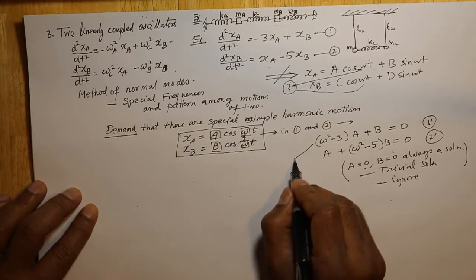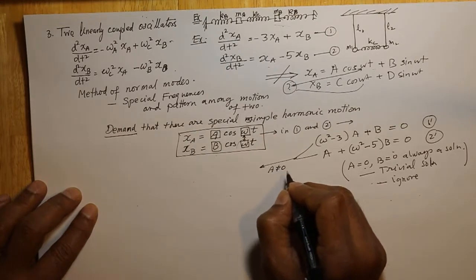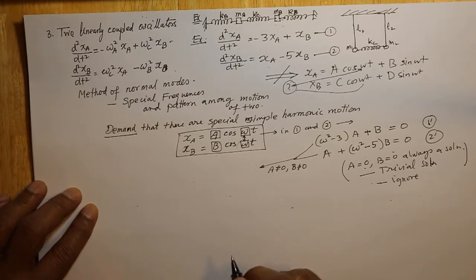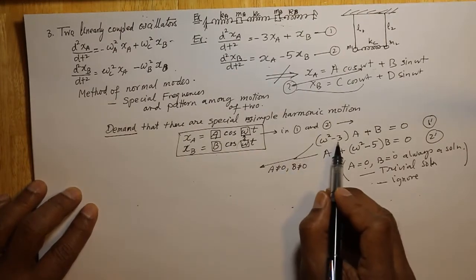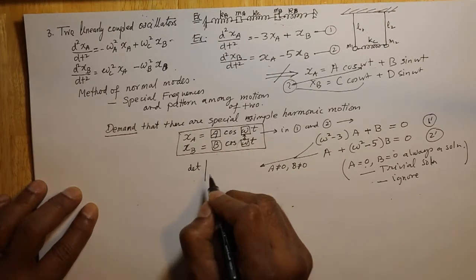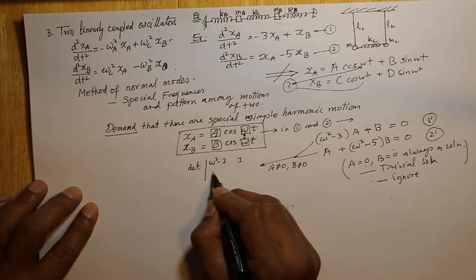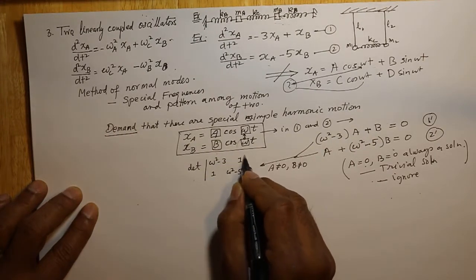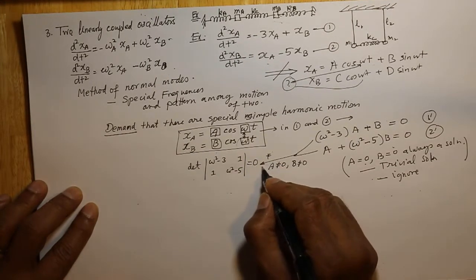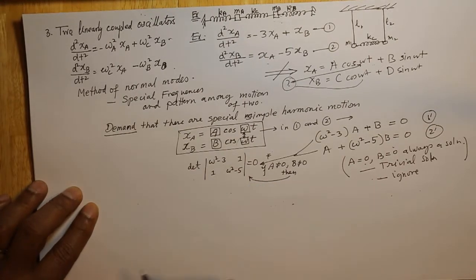So if A is not equal to 0 and B is not equal to 0, that actually means that the determinant of their coefficient matrix, omega squared minus 3, 1, 1, omega squared minus 5, has to be 0.